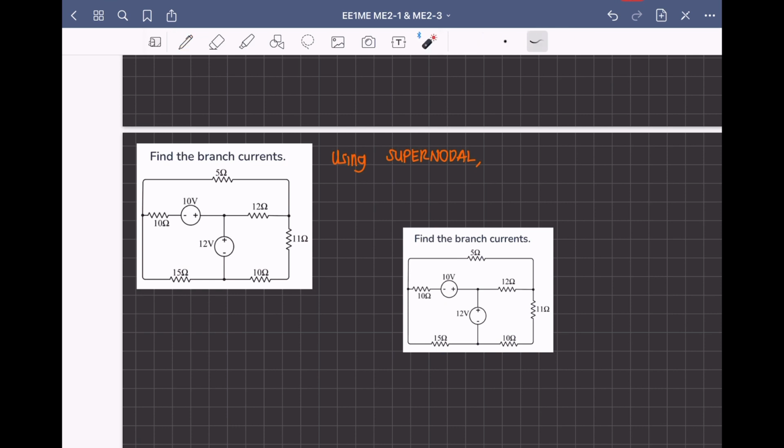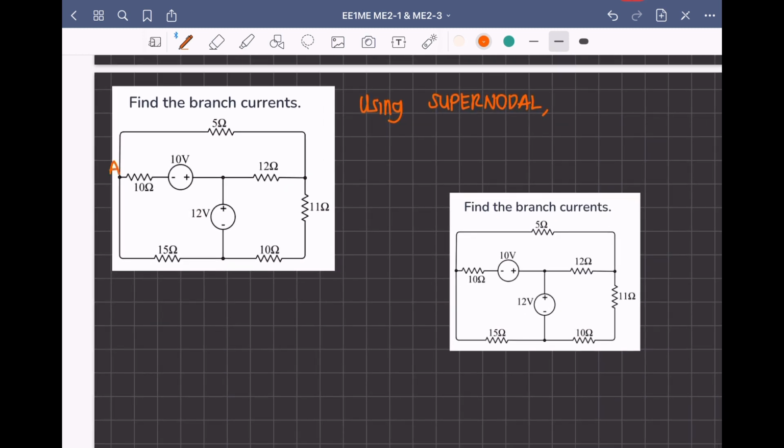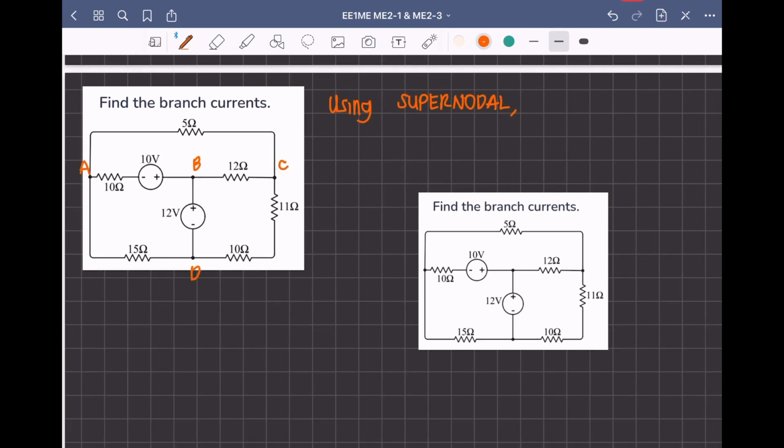Bakit? Because the focus on supernodal is the branch that contains just the voltage. So, itong branch na to, it cannot be connected to the ground. Therefore, let me label the nodes for you. This is node A, this is node B, this is node C, and this is node D. And thus, do not use B and D as grounds because they are connected to the branch that contains the voltage source only.